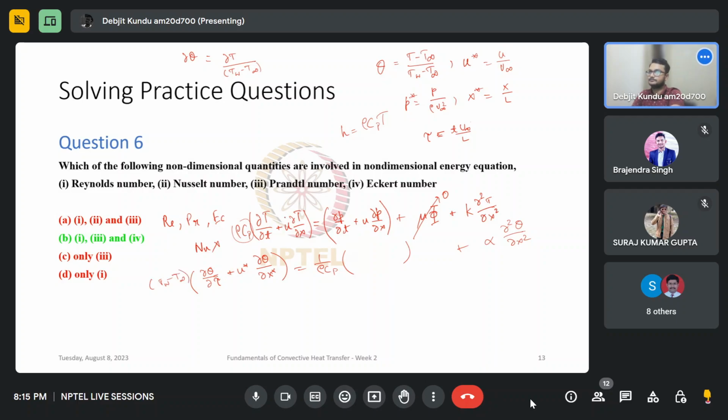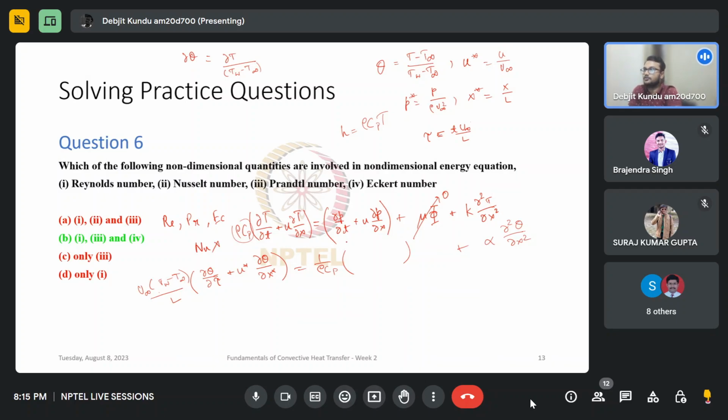And similarly, t would be tau into L by u infinity. Okay, cool. So this takes care of these terms.